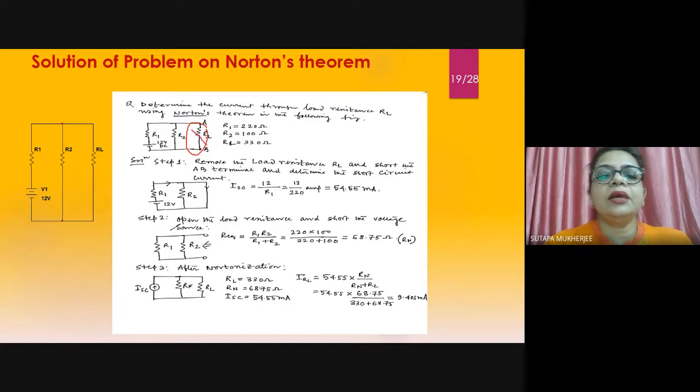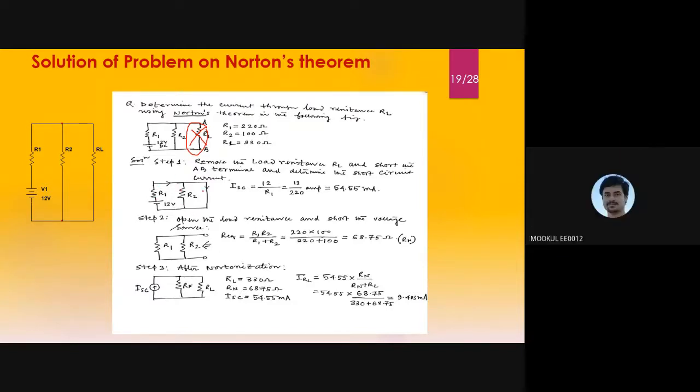We removed RL from here, it is gone, and short the AB terminal. We shorted the AB terminal. What did we see in Thevenin's? Open circuit, but in this case it will be shorted, right? So Mukul, what is happening here? If you short it, is there any contribution of R2? No, ma'am.